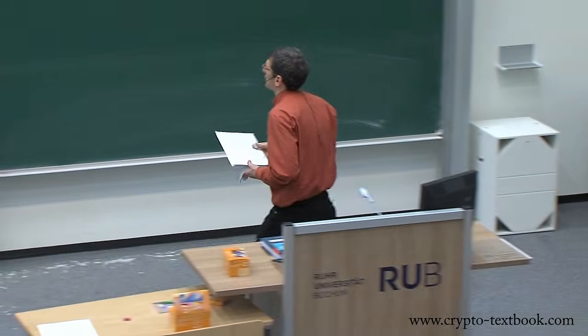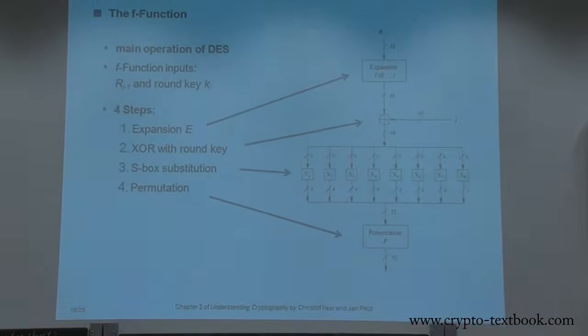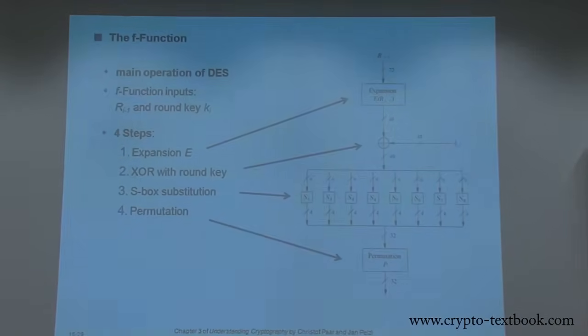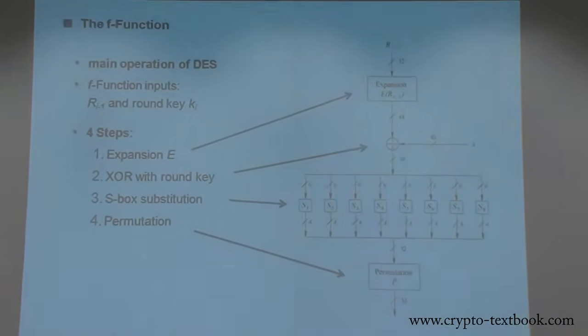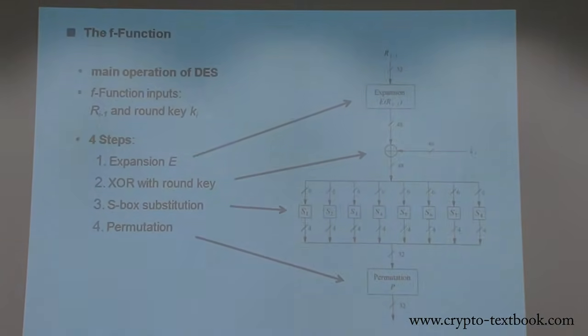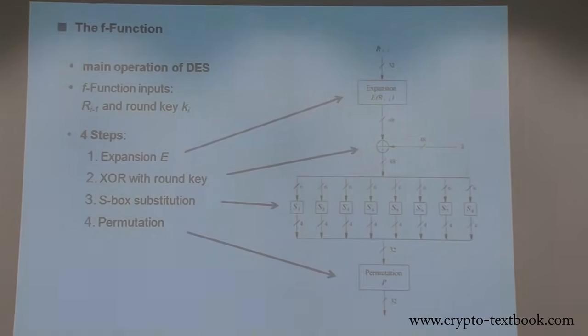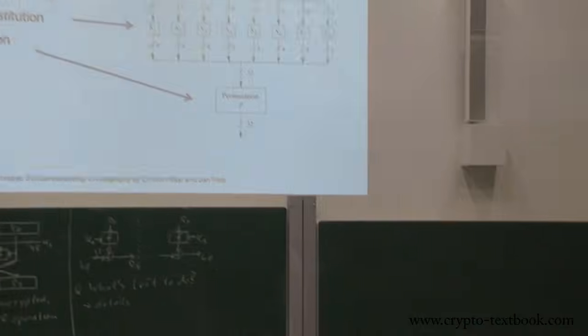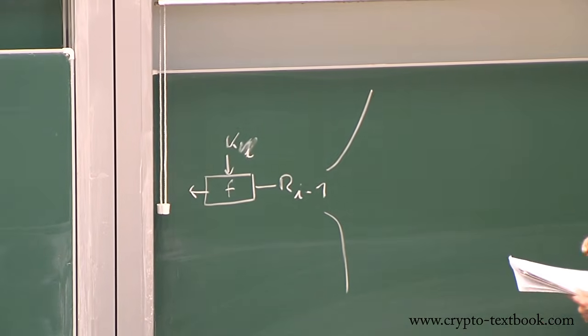I do want to copy that here on the blackboard, I think it's helpful. What are the inputs that we're using? If we blow this F function up, what's inside is what you see on the slide, but I copy it here on the blackboard so it's easier for us to discuss.